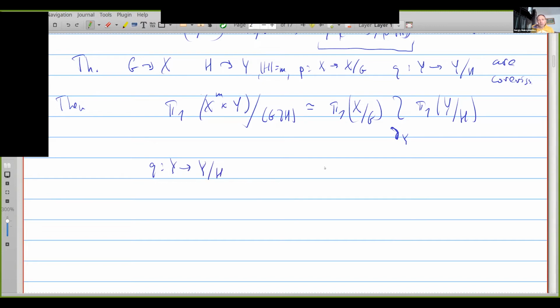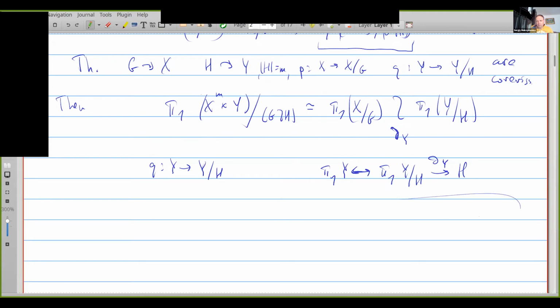Then we have a short exact sequence of homotopy groups of this covering. Namely, we have a map from pi1 Y to pi1 of Y/H. Here is an inclusion, and here is a surjection to the group H. This is the standard short exact sequence of the covering map. And here is a homomorphism, a boundary homomorphism of this covering.